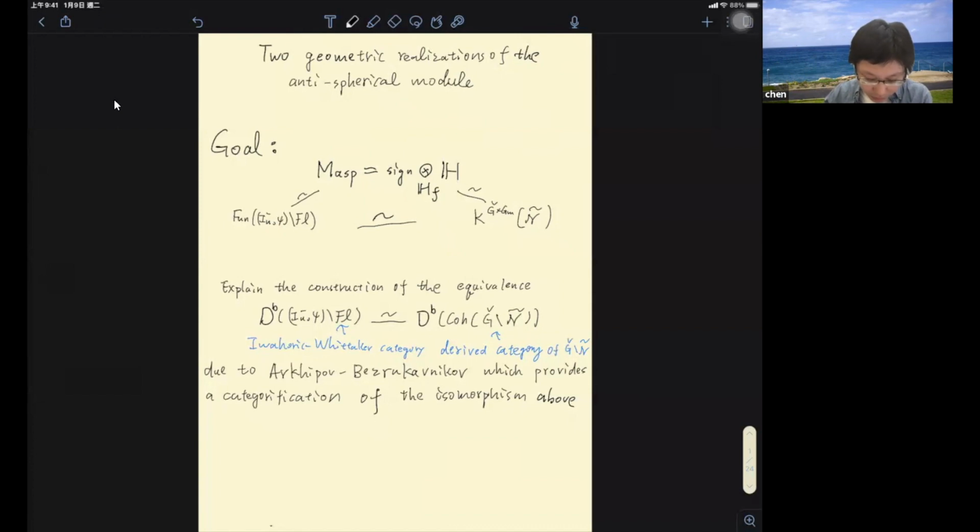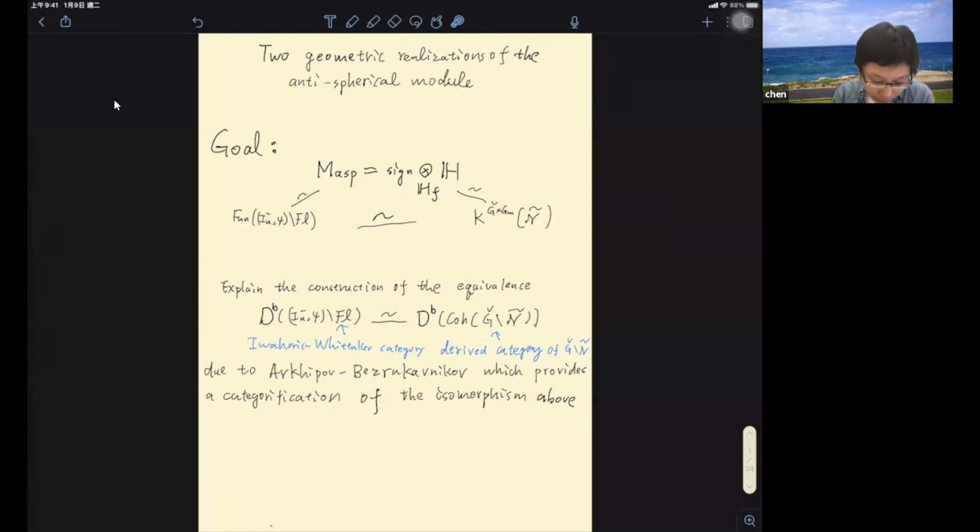So the goal is as follows. We have the anti-spherical module for the affine Hecke algebra, where H is the affine Hecke algebra and F is the finite Hecke algebra, and we can form this tensor. This is a right module over the affine Hecke algebra, and it admits two realizations.